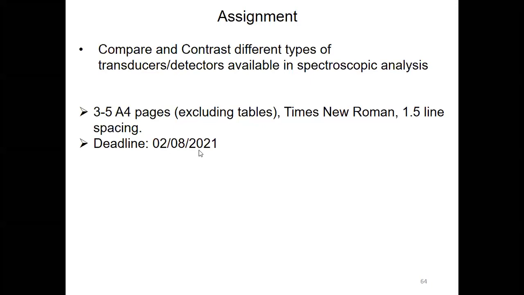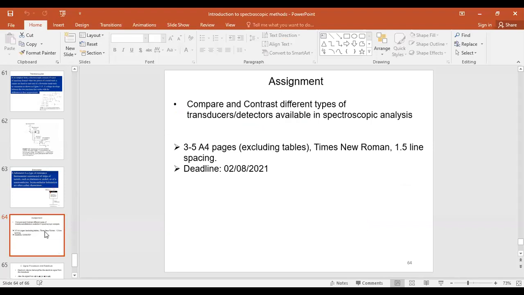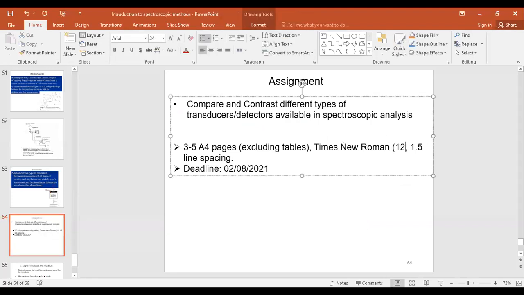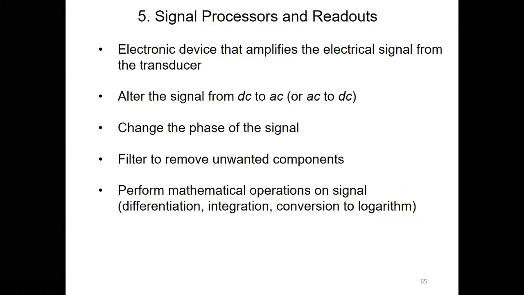That's why I mentioned here 3 to 5 A4 pages excluding tables, without tables. And the font, use Times New Roman, font size 12. Times New Roman 12. And keep 1.5 line spacing.